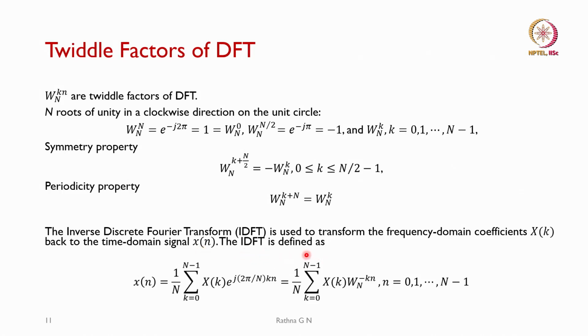The IDFT is defined with this equation: x of n is equal to 1 by n, summation k is equal to 0 to n minus 1, X of k into e power j 2 pi by n into k n. So, if we represent it with the twiddle factor, it will be 1 by n into summation k is equal to 0 to n minus 1, X of k into W n minus k n, in this case n varying between 0 to n minus 1.